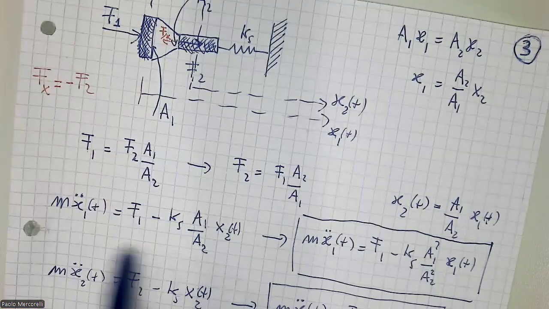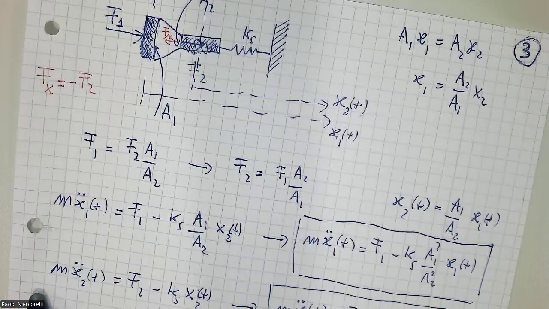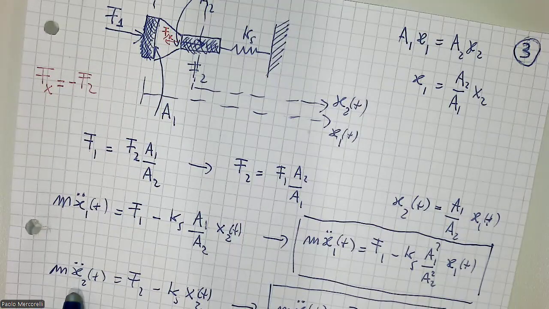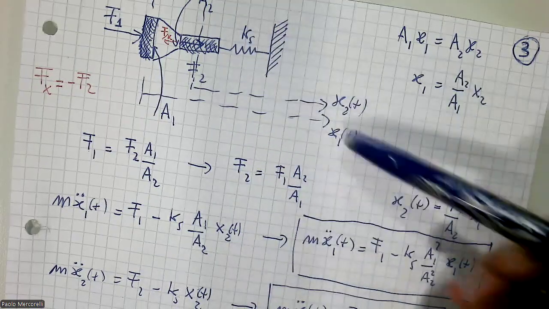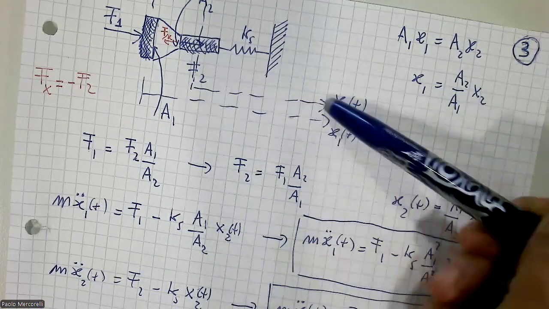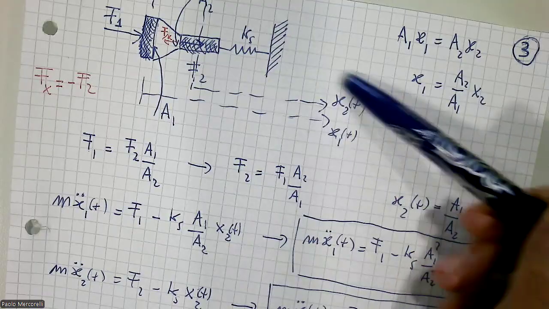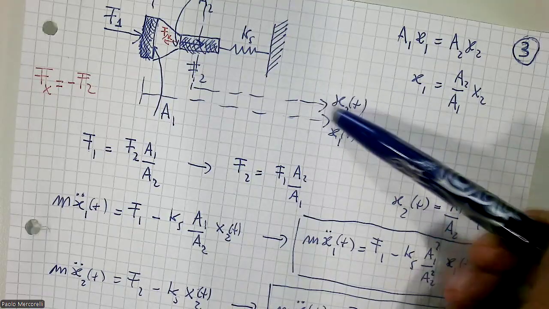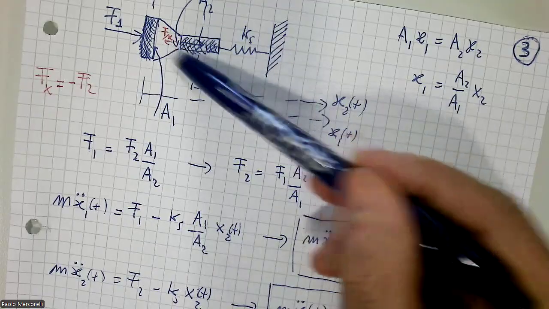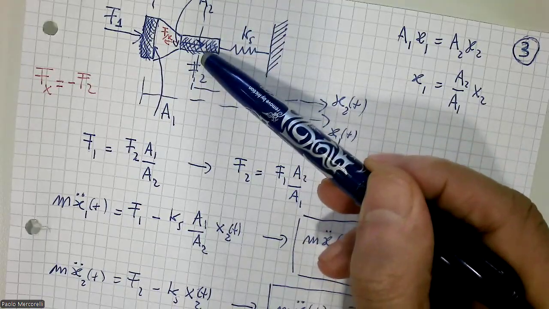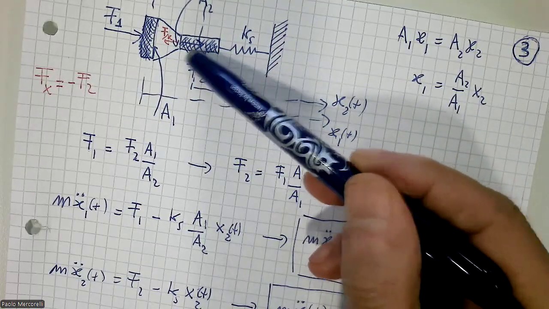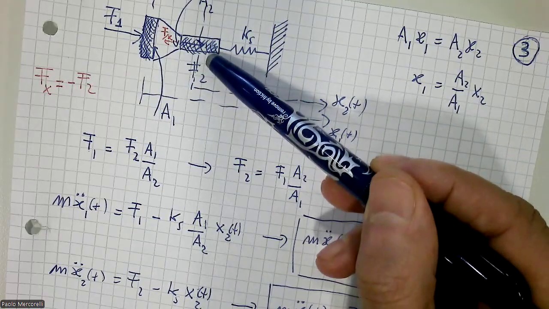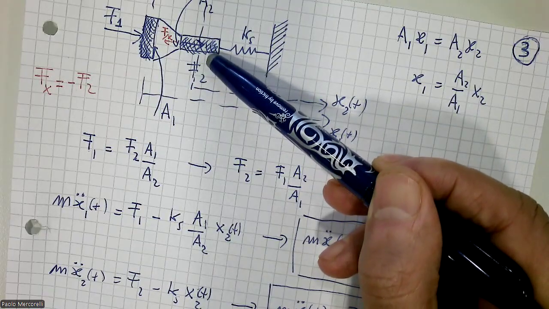Look at this. M x2, the dynamics of x2. What is x2? x2 is the displacement, the position of the mass M related to the fluid which is moving, let me say, on the right part of the actuator.